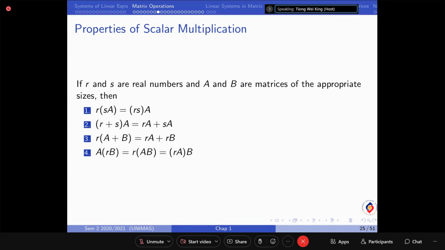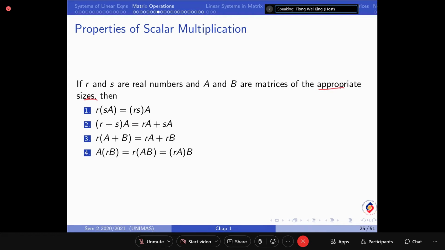So the properties of scalar multiplication. If you have two real numbers R and S, and matrices A and B of appropriate sizes, then R multiplied by bracket SA is equivalent to bracket RS times A. Second one is bracket R plus S multiplied with A equals RA plus SA.